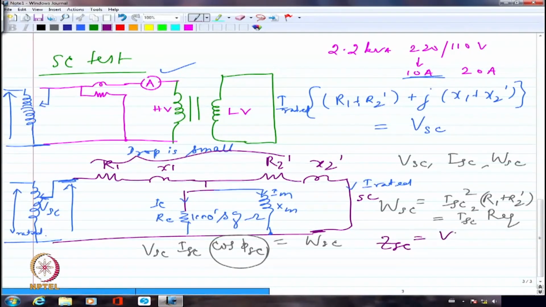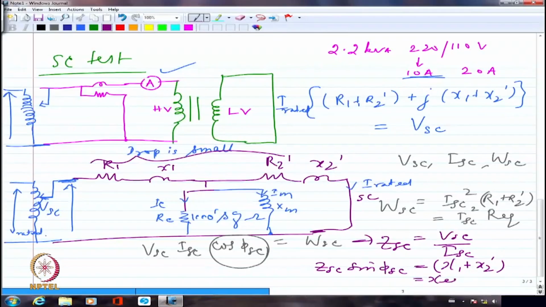So ZSC sin phi SC will be equal to X1 plus X2 dash, which I may call X equivalent. Right?